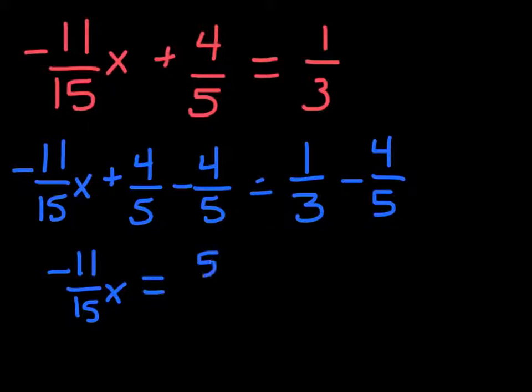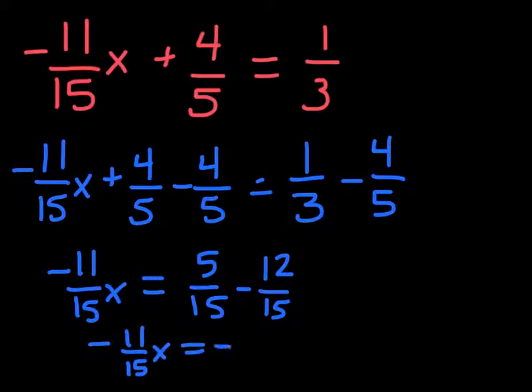So 5/15 minus 12/15 on this side. So -11/15 x equals -7/15.